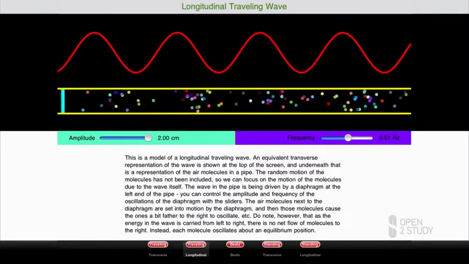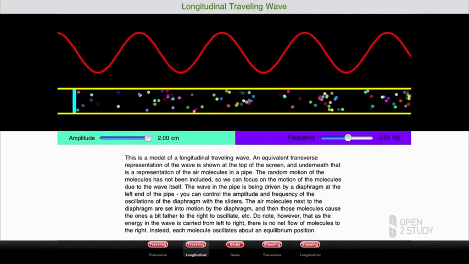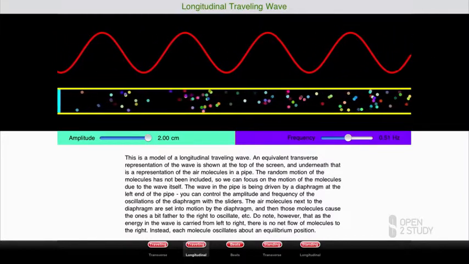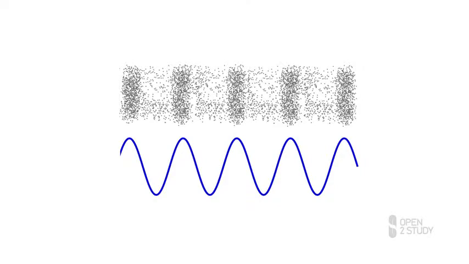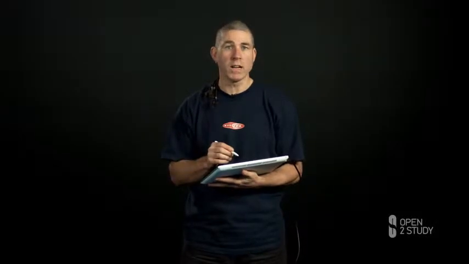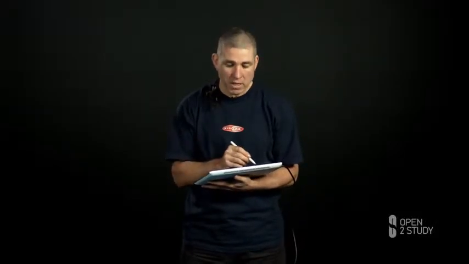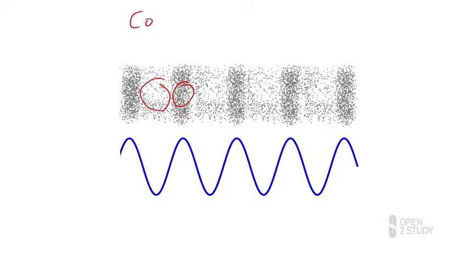But what's happening as that bunching and unbunching occurs? Well, let's look in a little bit more detail at what's going on. So here we're looking at a snapshot of those atoms and molecules moving in the air. You can see there are regions here where there aren't so many of them, and other regions here where they've kind of bunched up. Remember, this wave was moving along to the right. Now, in these regions where they're bunched up, we refer to that as a compression. The atoms have been compressed into that region of space.